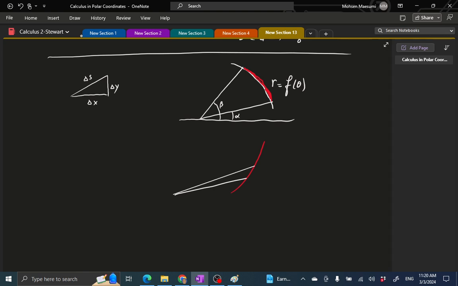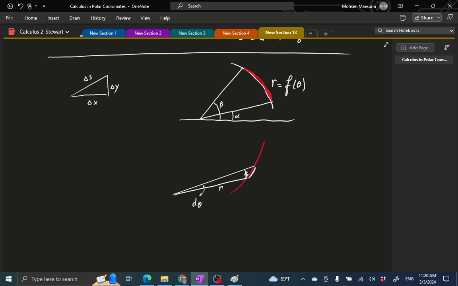So I'm going to look at this piece of it. How would I approximate that? Here's how I go about looking at this. So suppose I draw a little circle here, and suppose this angle here is d theta, a small angle d theta, and suppose this radius is r.